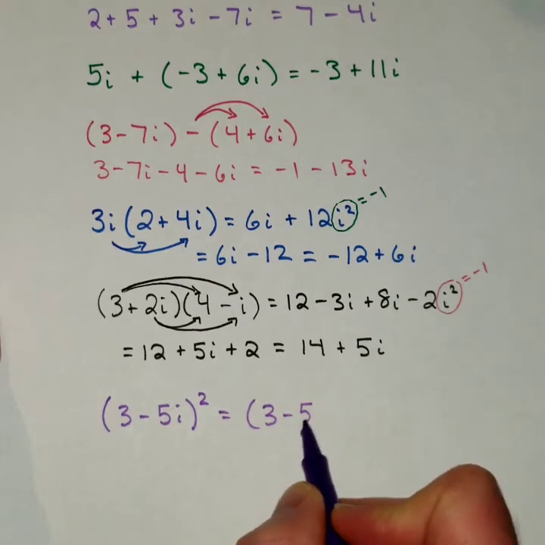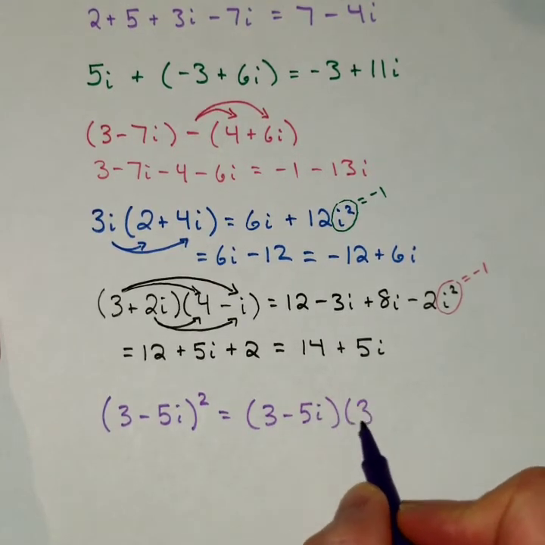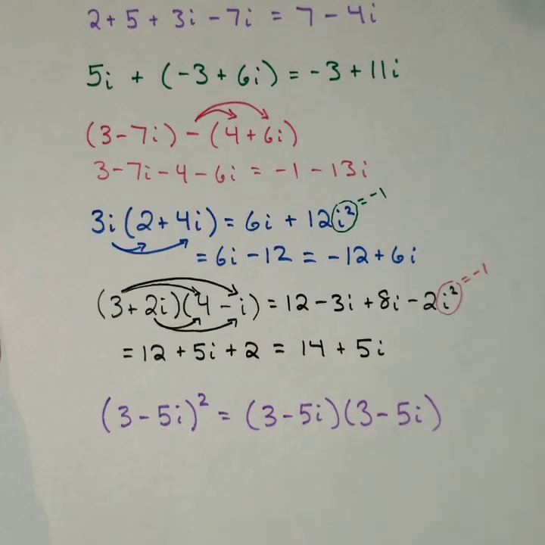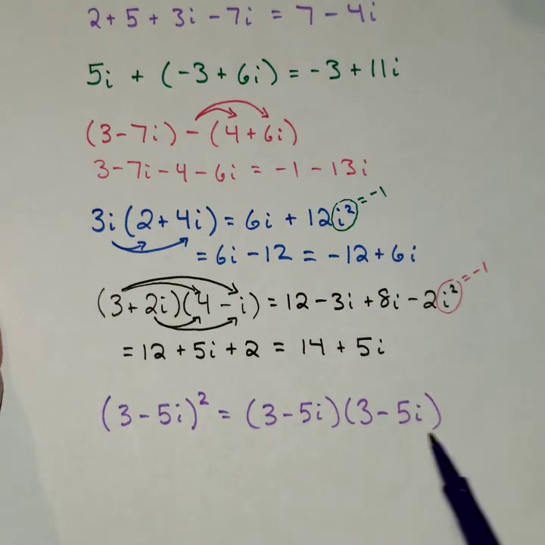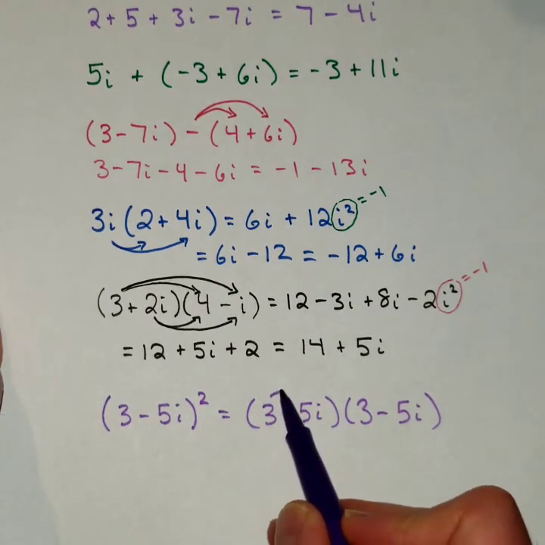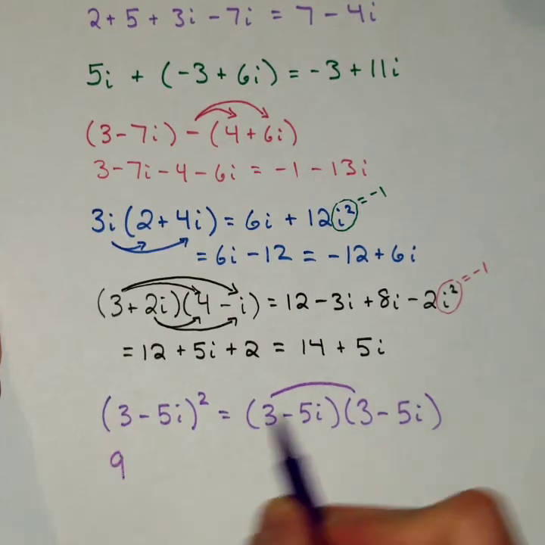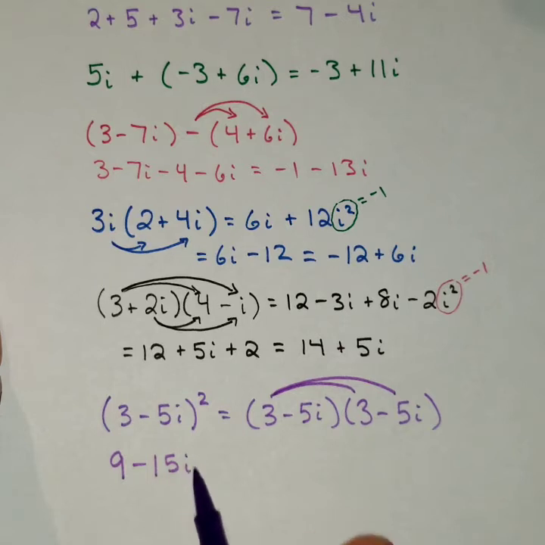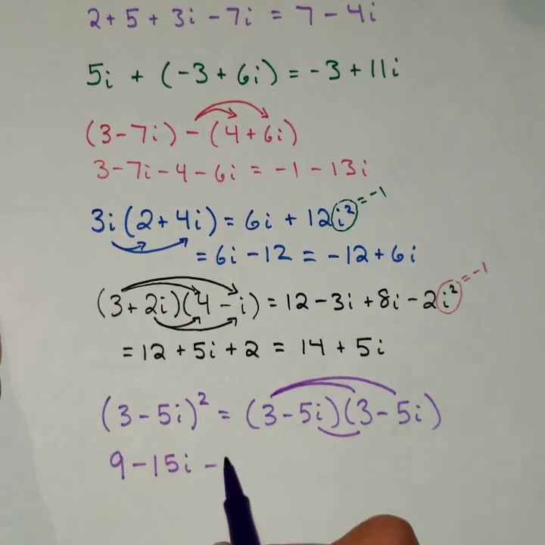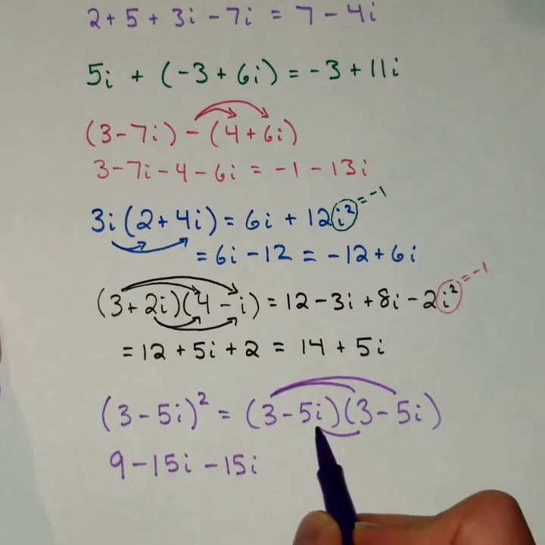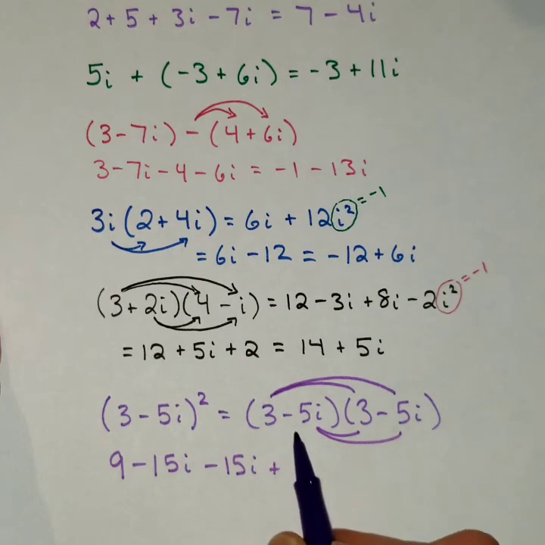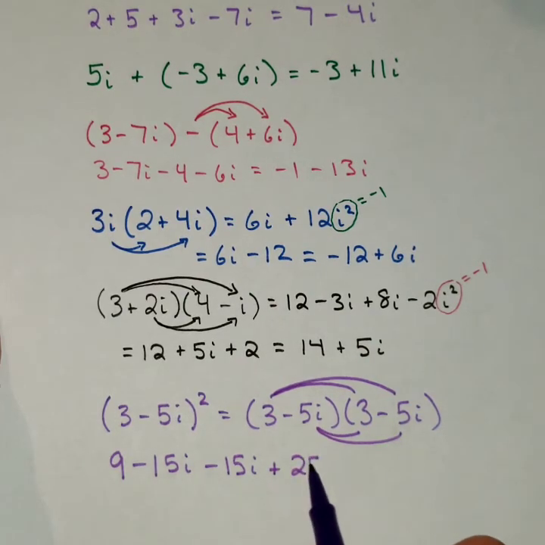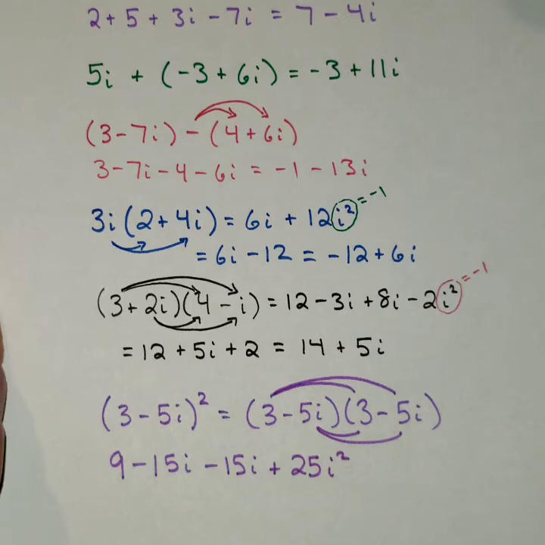So it's 3 minus 5i times 3 minus 5i. And then using the distributive property, 3 times 3, that's going to be 9. This product is negative 15i. This was also negative 15i. And this one is positive, right, double negative, 25i squared.